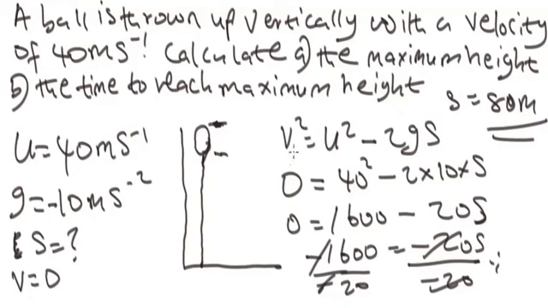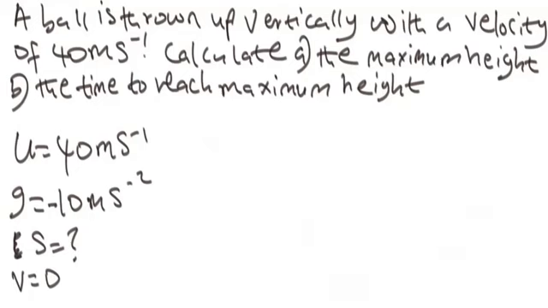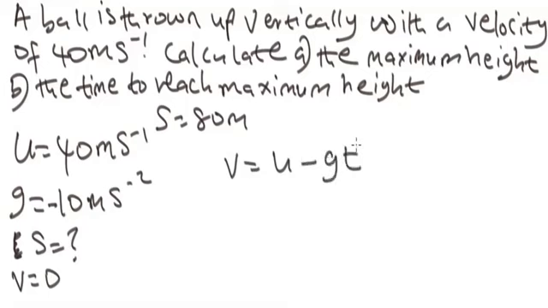Now to calculate the time is very simple. Remember, our x is 80 meters. To calculate the time, we can use v equals u minus gt.